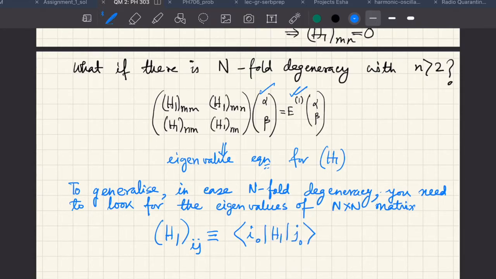That's it. Finding the good unperturbed eigenfunctions amounts to constructing a basis in the degenerate subspace that diagonalizes this matrix H1.